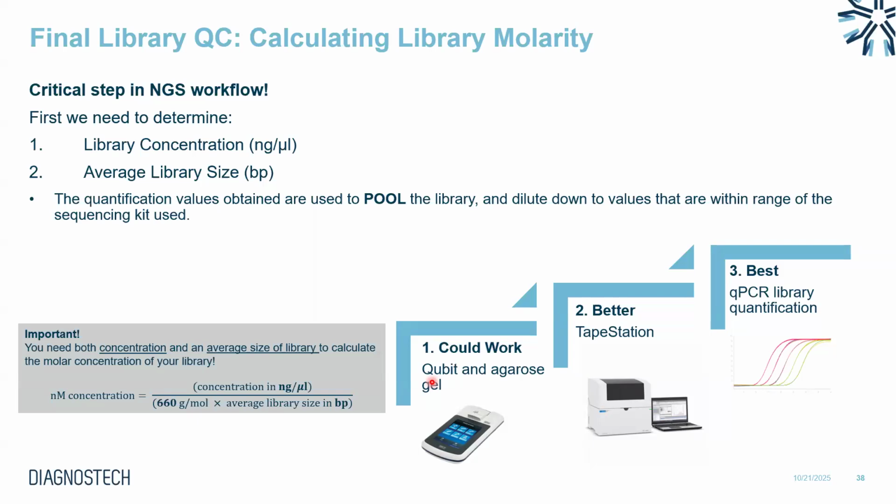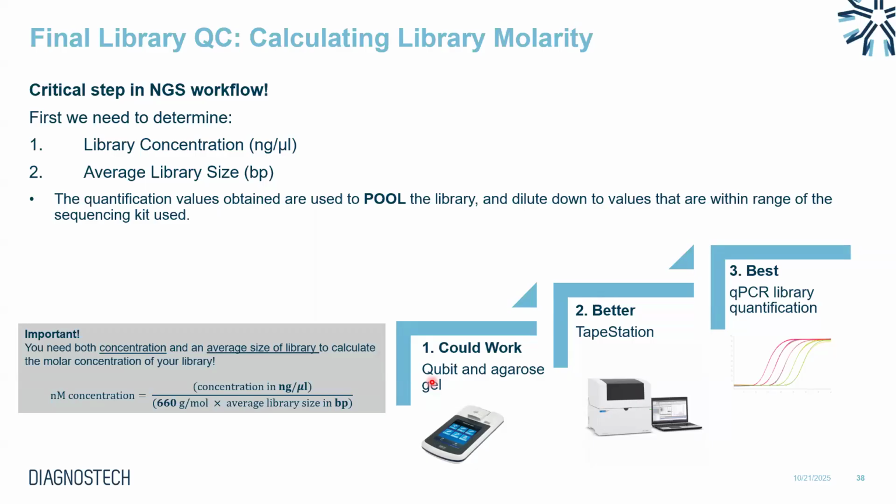So if you get your molarity correct, and you have good quality library prep, it ultimately guarantees high quality, consistent, and reproducible results. So by standardizing the molarity of each library before pooling, you ensure that all your samples are represented by the same number of molecules, allowing them to cluster and generate reads equally.